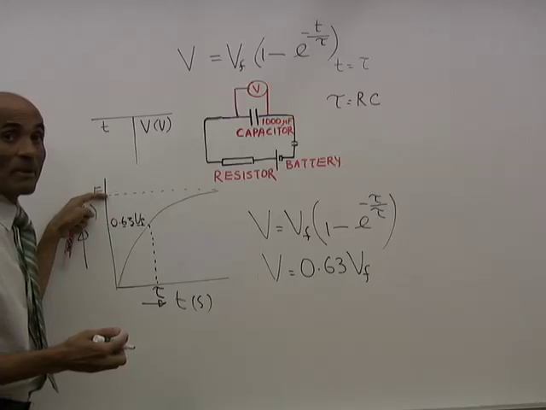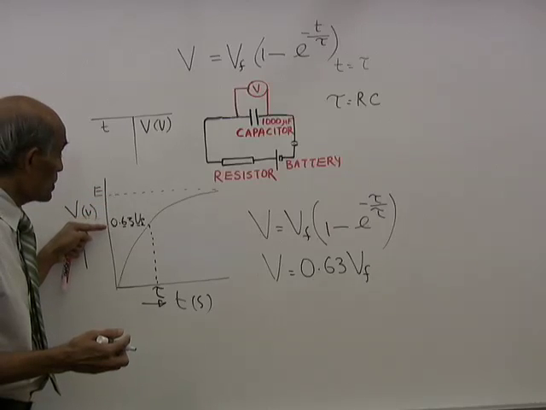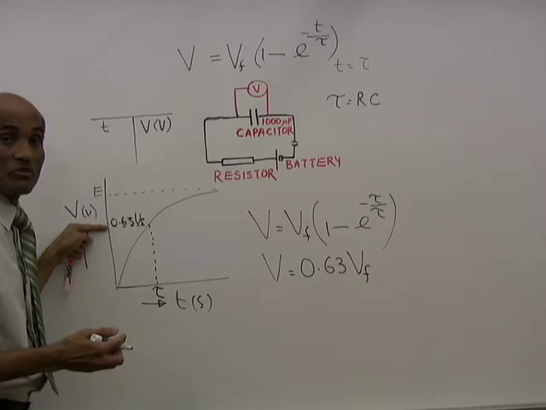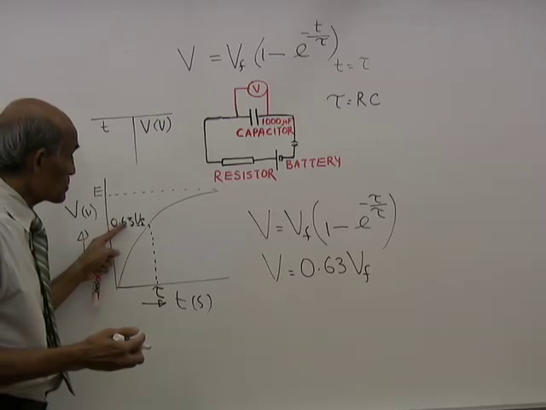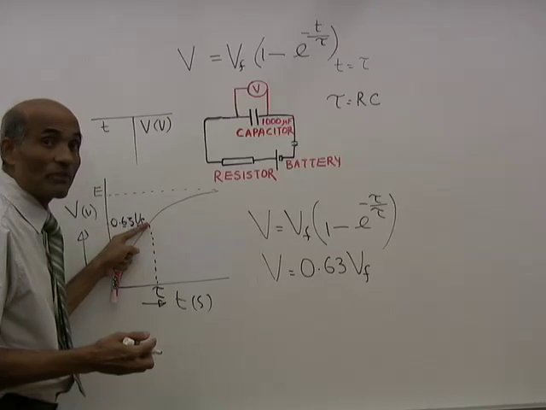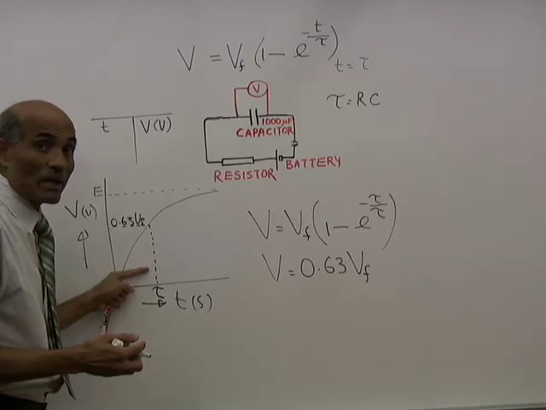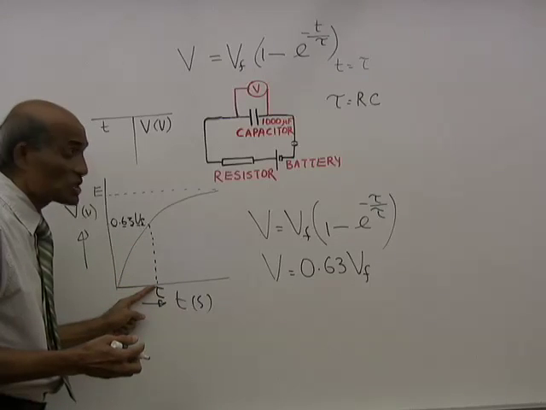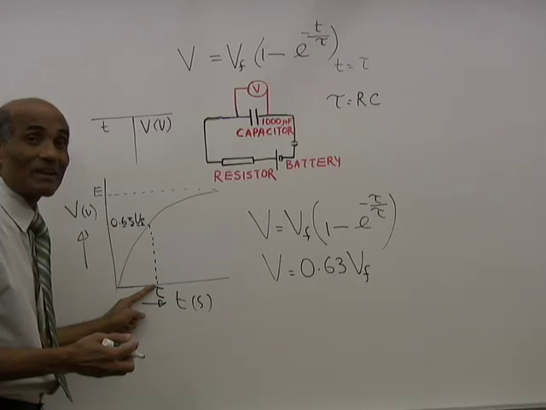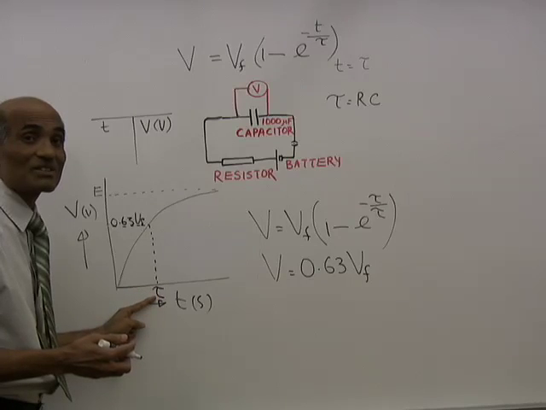If that is the EMF, then 0.63 of the EMF, from your graph, you can see where that exactly is. Draw a horizontal line to cut the graph, and then drop a line. That will give you the time corresponding to that. This will be your time constant.